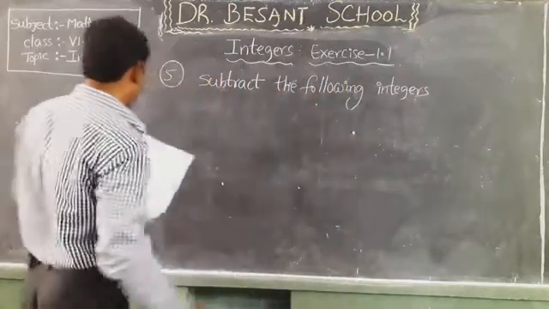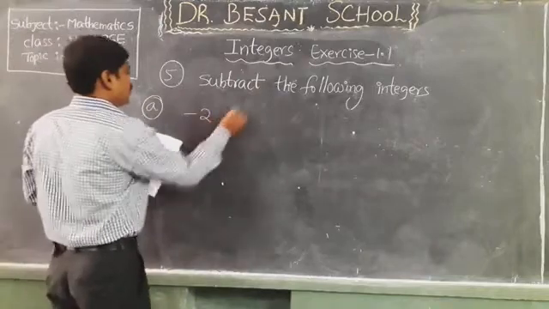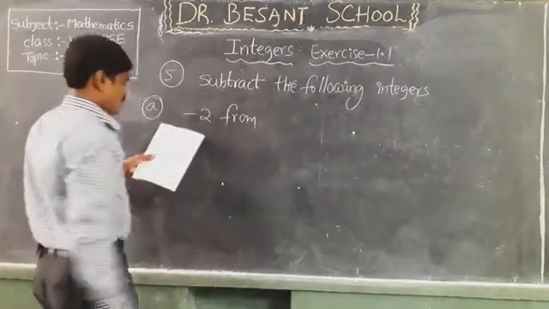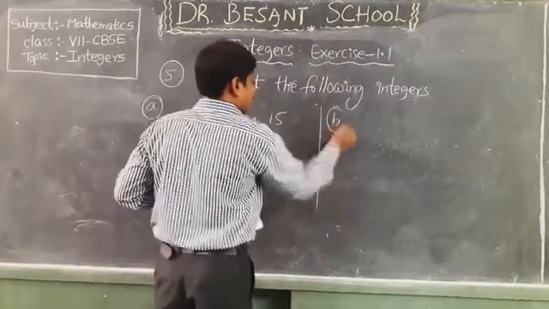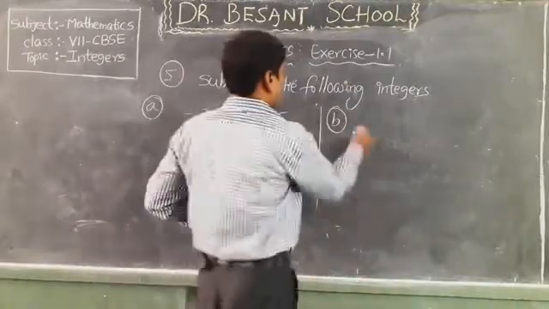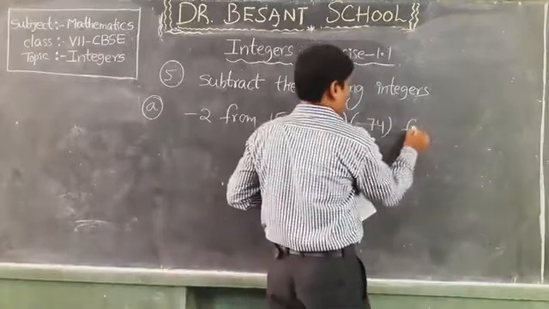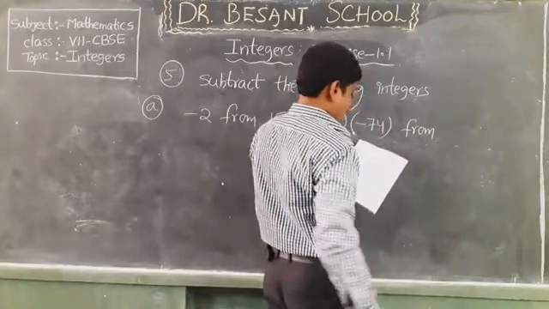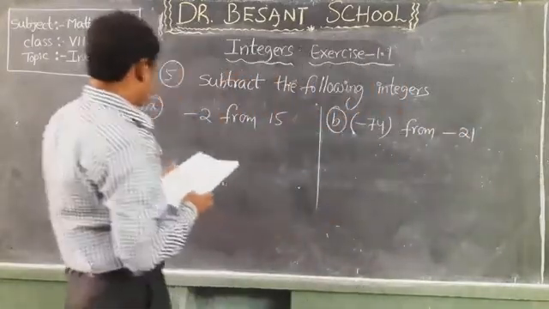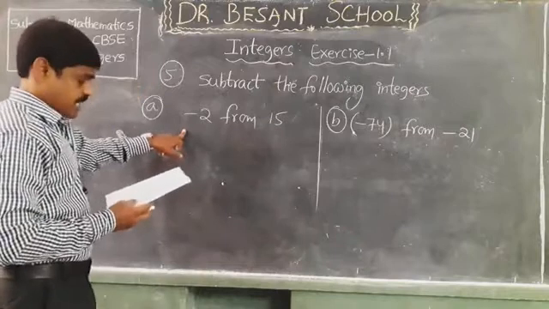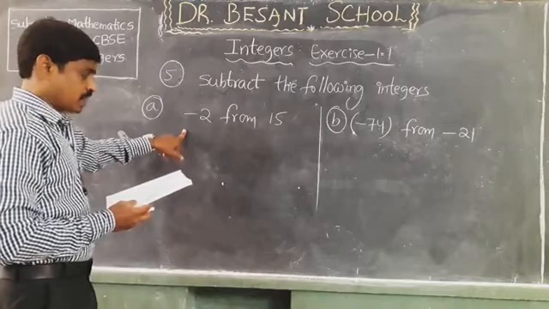First A, the question: minus 2 from 15. Okay, next B, minus 74 from minus 21. Okay, minus 2 from 15 and minus 74 from minus 21.